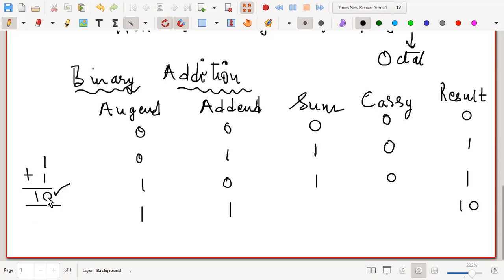The sum is 0. And what is the carry? You see that a carry of 1 is generated here, so I'm writing the carry here. For 1 1, the result is 1 0, where 0 is the sum and 1 is the carry. So when you add 1 and 1, you get 0 as the sum.